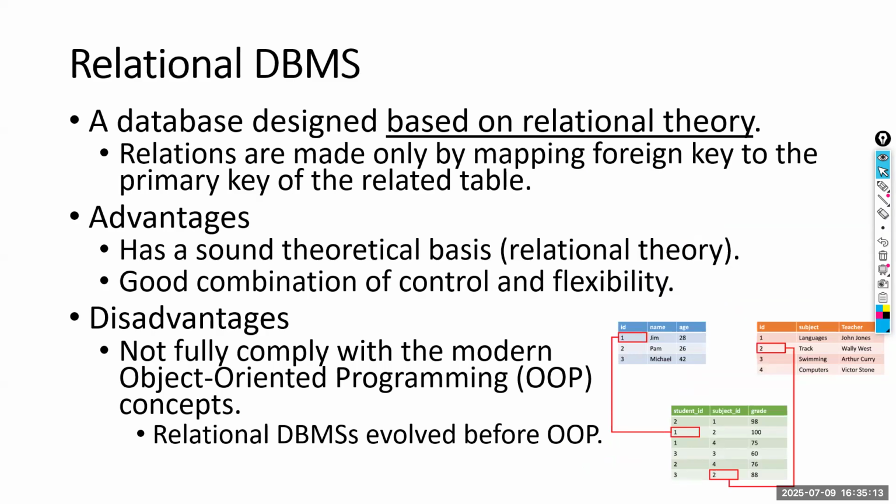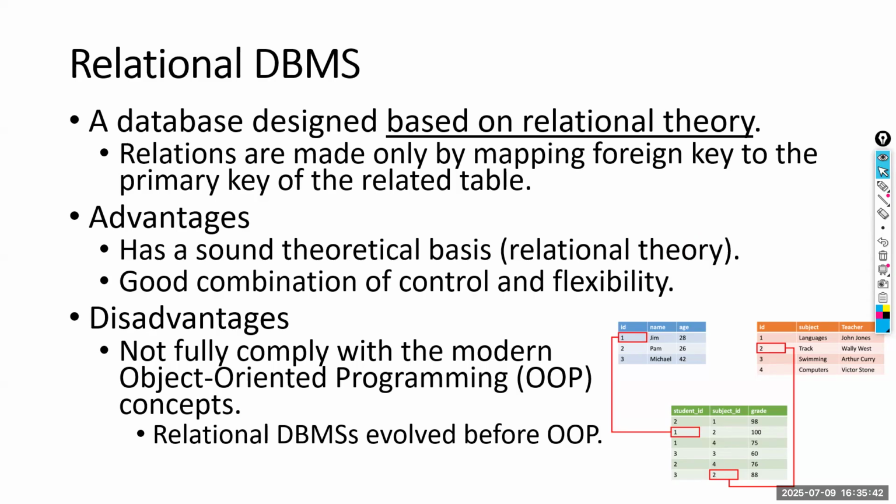Relational databases are not as strict as hierarchical databases, not as liberal as network databases. So that means we have some control, but not very strict control. We can't say we have no restrictions. There are restrictions, but those restrictions are more reasonable, not tight hierarchical restrictions.